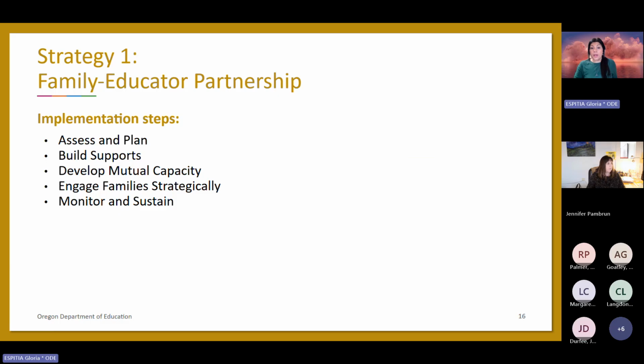Developing ongoing two-way communication by using multiple channels to share information, gather feedback, and foster continuous dialogue helps inform and improve practices. And to ensure we're on the right path, regularly collecting and analyzing data on participation, outcomes, and satisfaction will be needed to reflect, improve, and adjust practices based on the evidence and feedback.